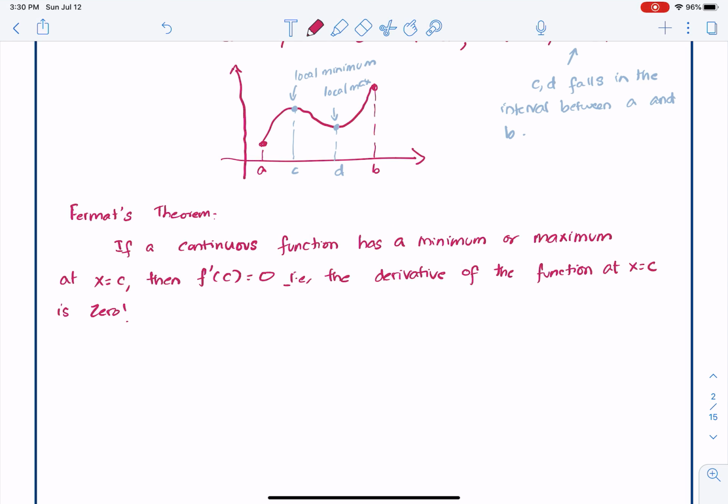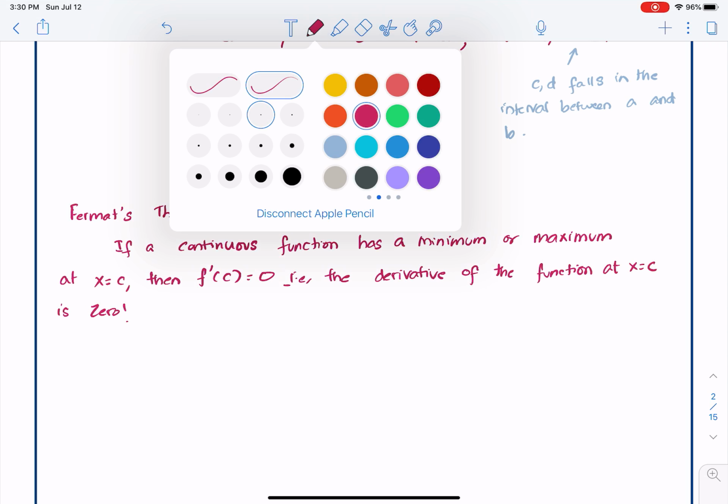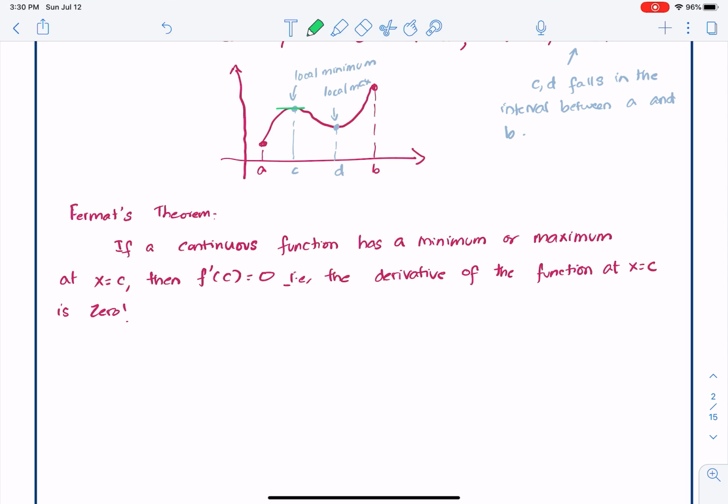Well, we all know the derivative is simply the slope of the tangent line at a given point. So I'm going to draw a tangent line here and there in green, and you can see exactly at C right here and D, the slope is 0.